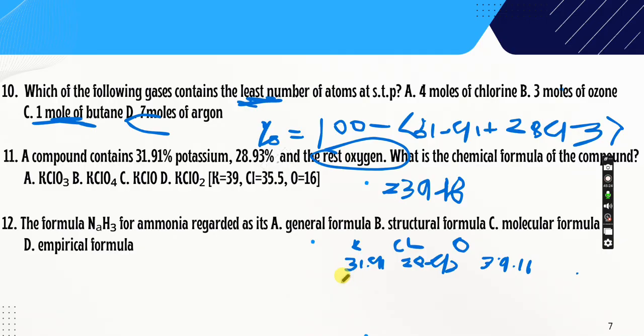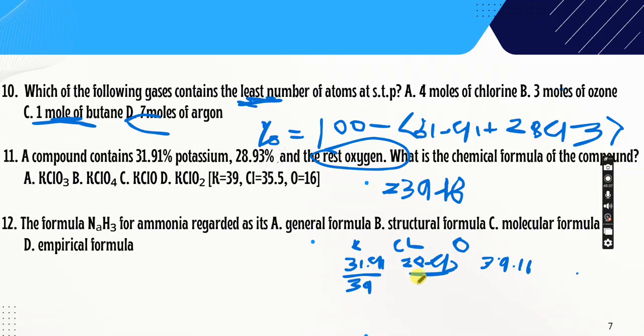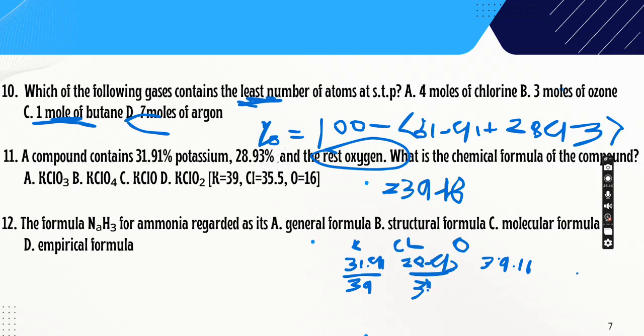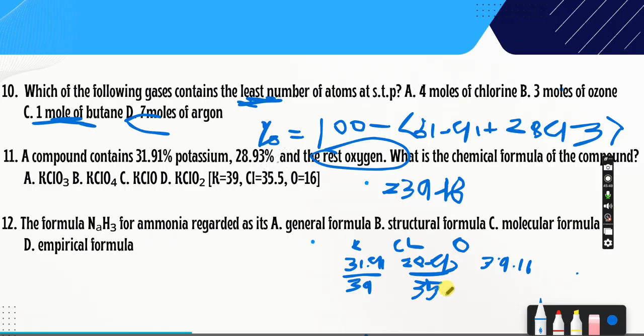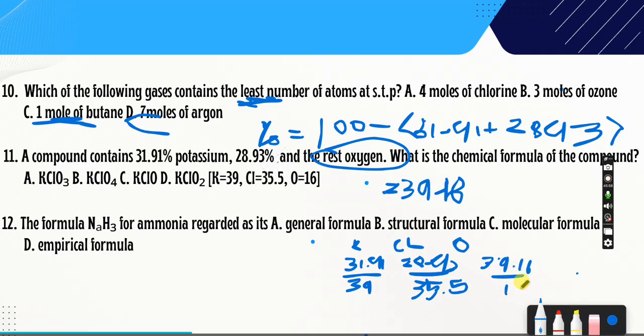So we are going to be dividing by the atomic mass. This one will be divided by 39, this one will be divided by 35.5, and this one will be divided by 16, since it is oxygen.